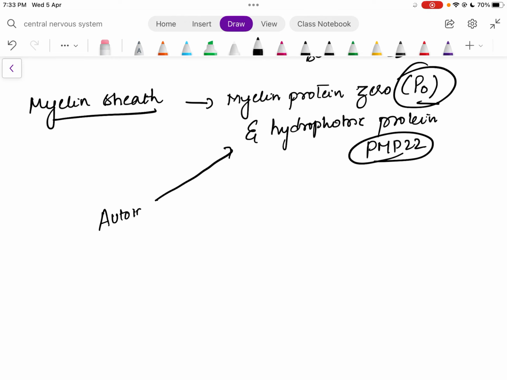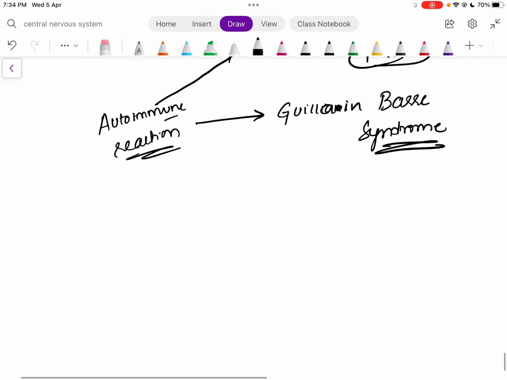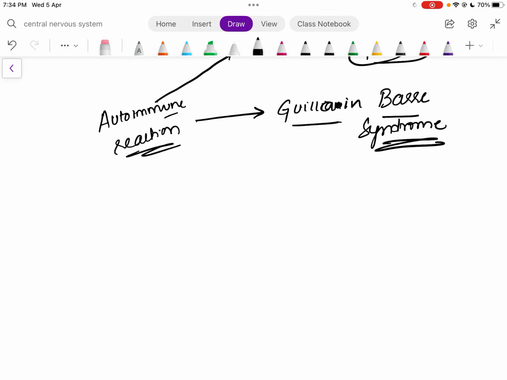Whenever there is an autoimmune reaction and these proteins are damaged by the autoimmune response, they will cause a disease called Guillain-Barré syndrome. Then the patient will have paralysis in Guillain-Barré syndrome.